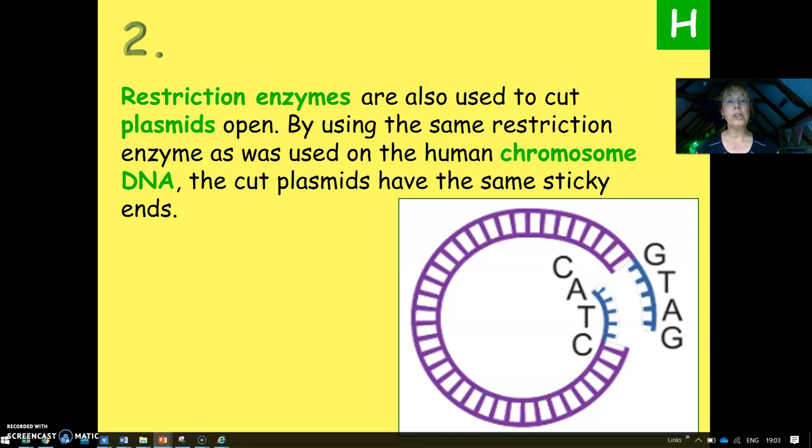By using the same restriction enzyme as was used on the human chromosome DNA, the cut plasmids have the same sticky ends. So these letters over here are not random at all. And the blue bit, you might want to use different colors, shows the section that is being cut. Once you've copied that down, you can move to number 3.